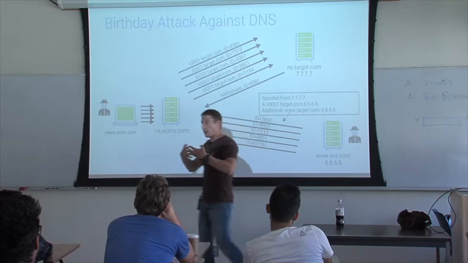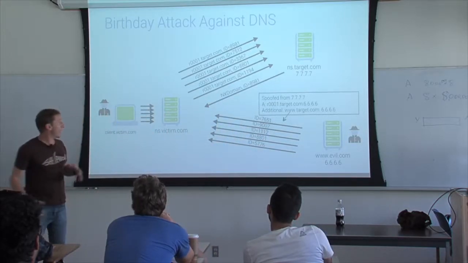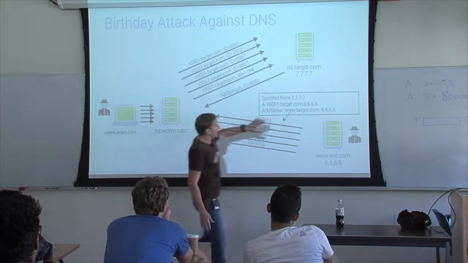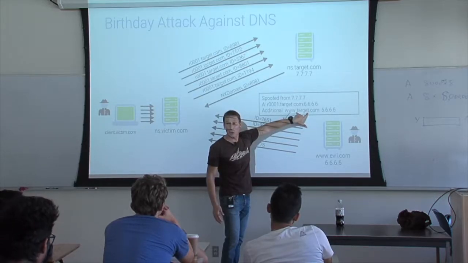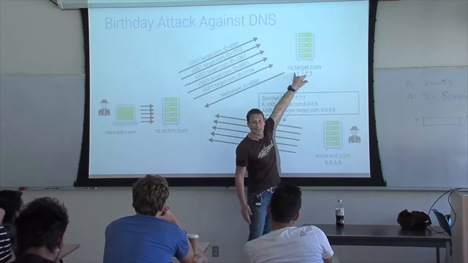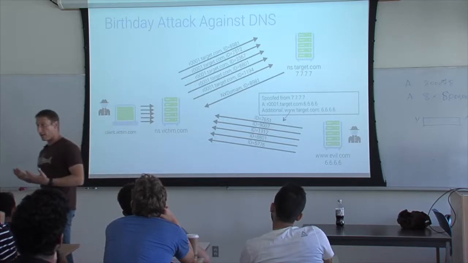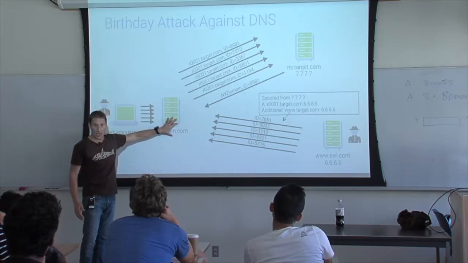You can create a birthday attack, and so one of those would match. And this server will believe the additional information because it passes the bailiwick check. Here, the additional information is from the same domain that we're asking for, and therefore this additional mapping will be accepted.